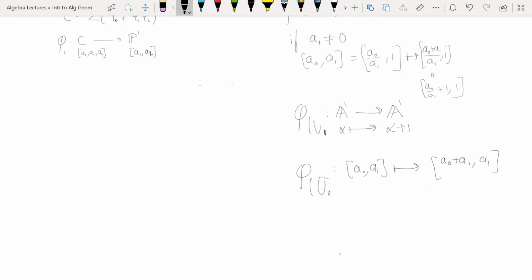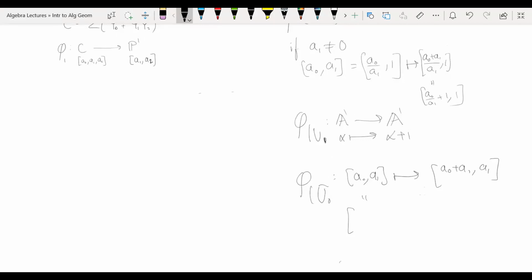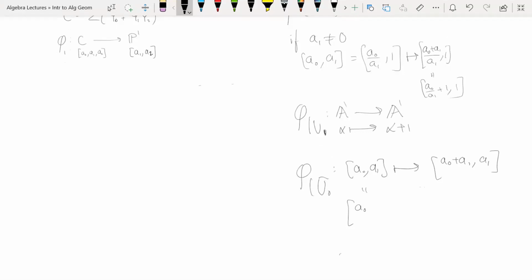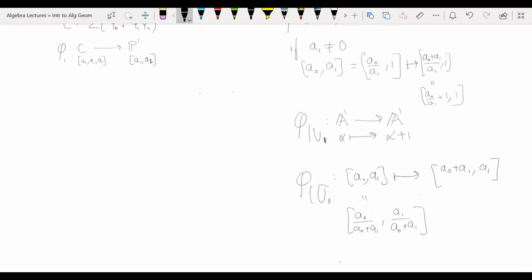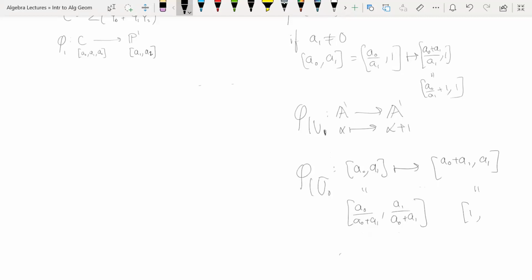So we can divide by A naught plus A1 and get something in V1 hopefully. So this point is the same as A naught over A naught plus A1, comma A1 over A naught plus A1. Dividing by the same number doesn't change the point, and this point is 1 comma A1 over A naught plus A1.